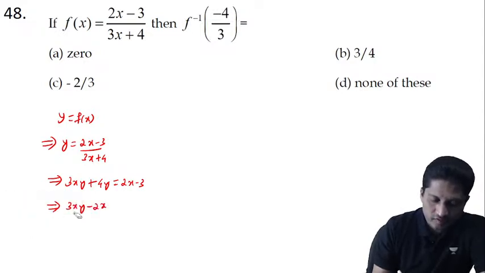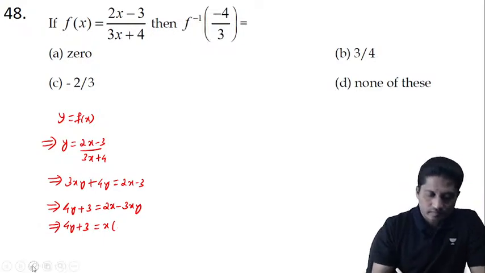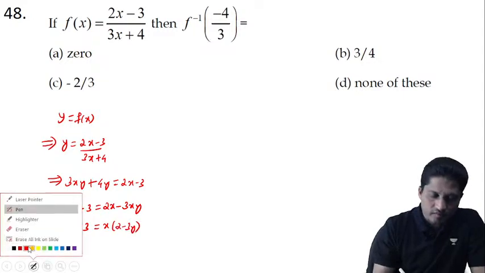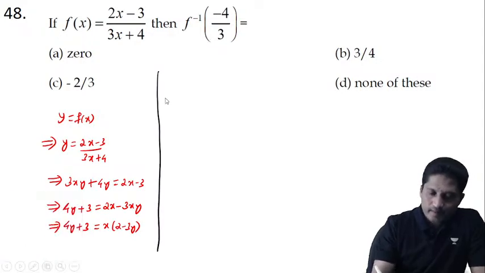Okay, let me shift this to the left side. This is 4y plus 3 is equal to 2x minus 3xy. Now 4y plus 3 is equal to, take x common, you will get 2 minus 3y. From this, x is equal to 4y plus 3 whole divided by 2 minus 3y.